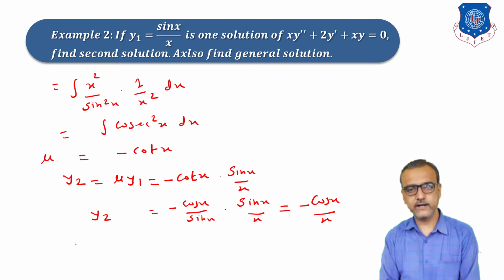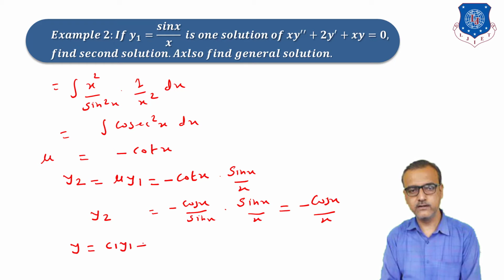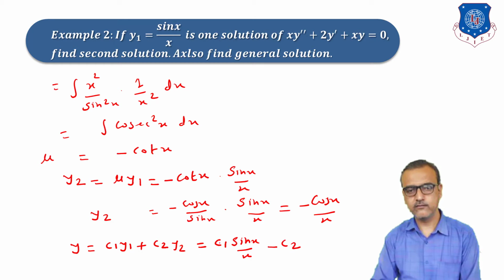So now we will write down the general solution y, that is c1 y1 plus c2 y2, and this equals c1 times sin x upon x, plus c2 times y2, which is minus cos x over x.